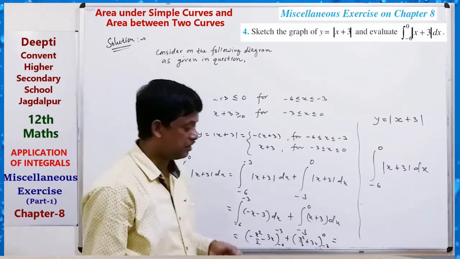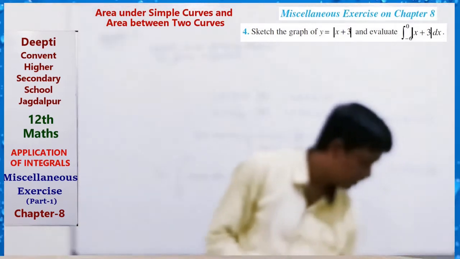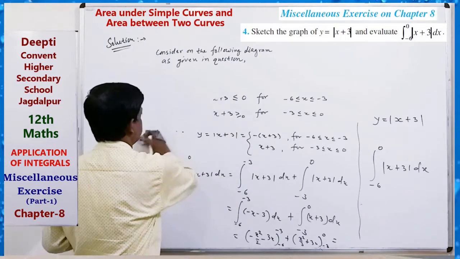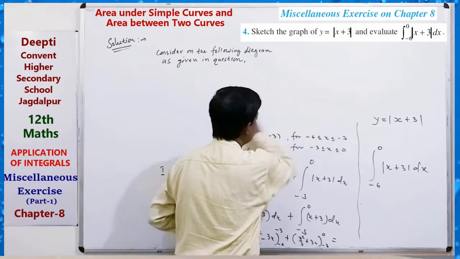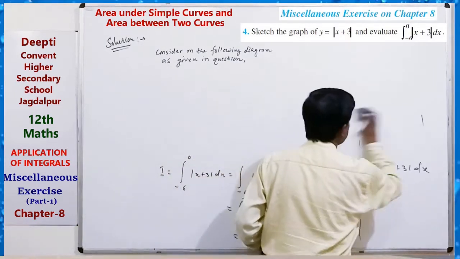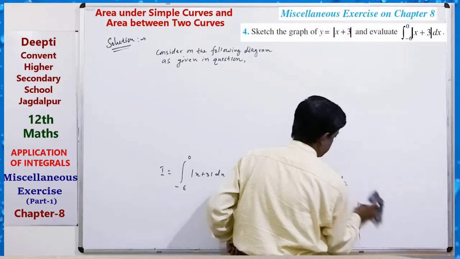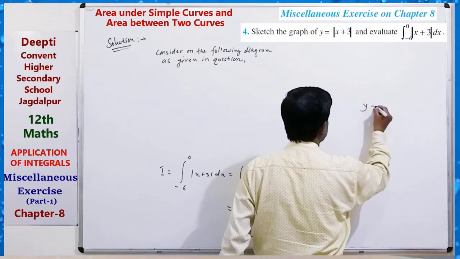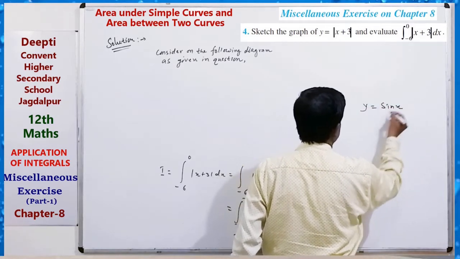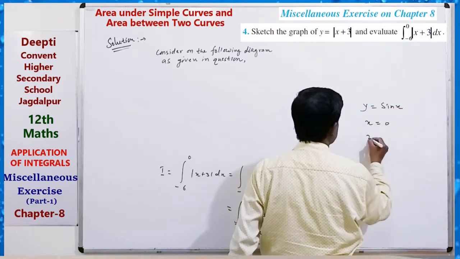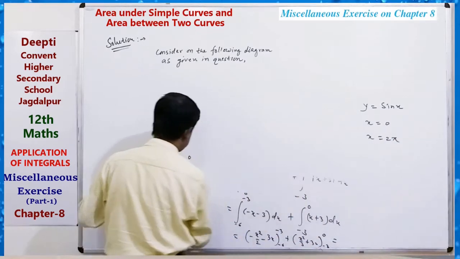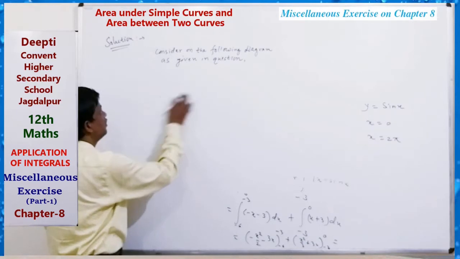Now take question 5. Find the area bounded by the curve y equal to sin x between x equal to 0 to x equal to 2 pi. Okay, 0 to 2 pi, we have to find the area bounded by y equals sin x and x equals 0 to x equals 2 pi. So a very simple curve.